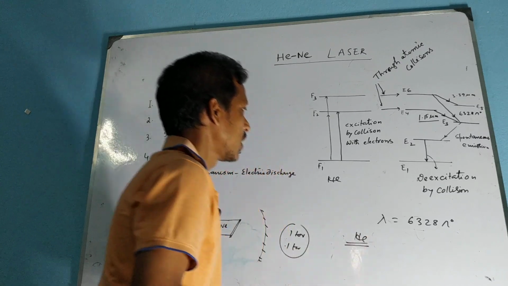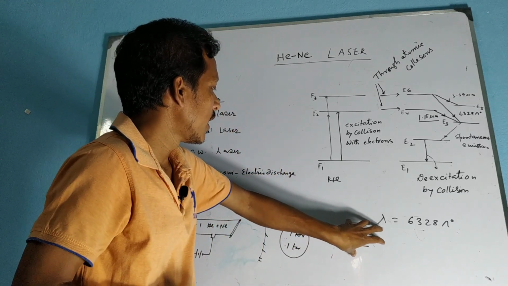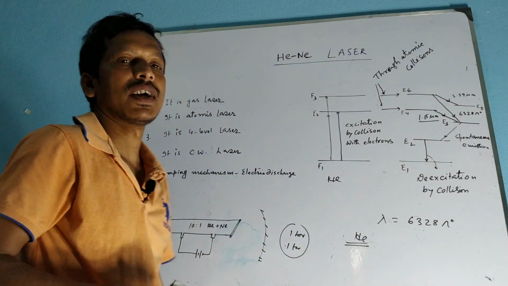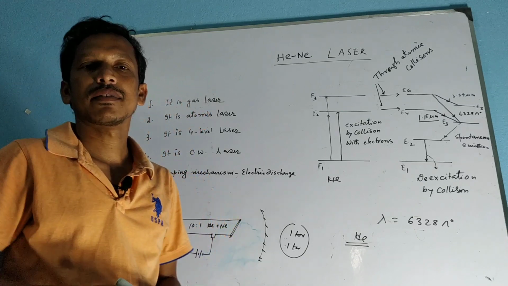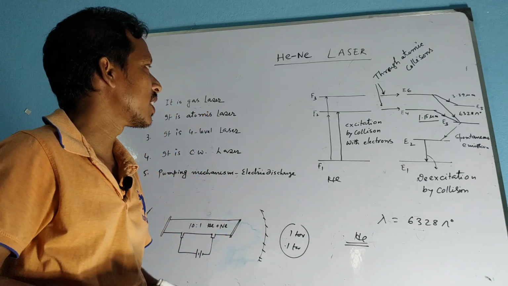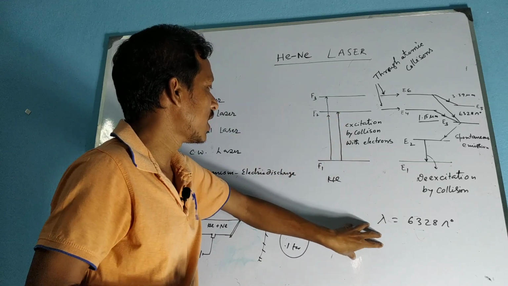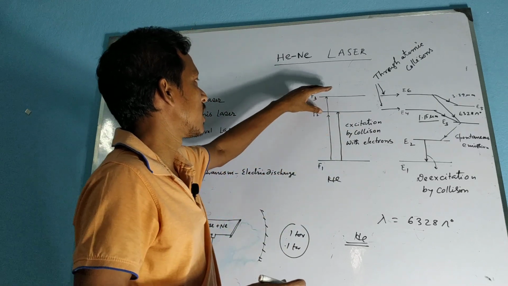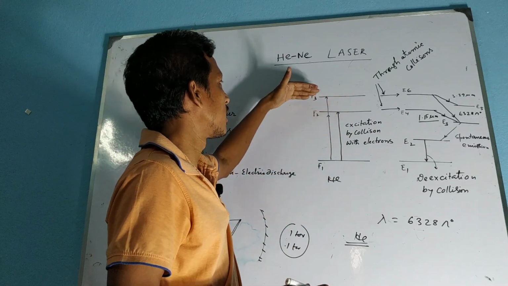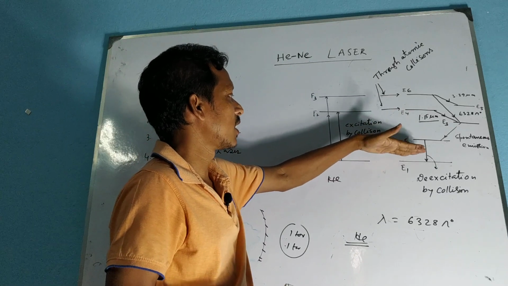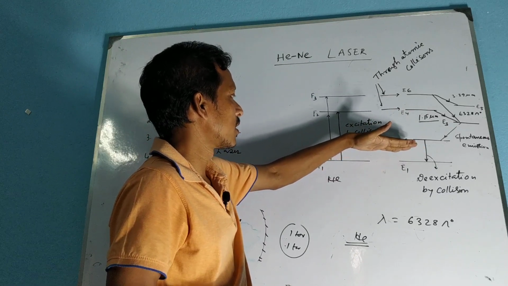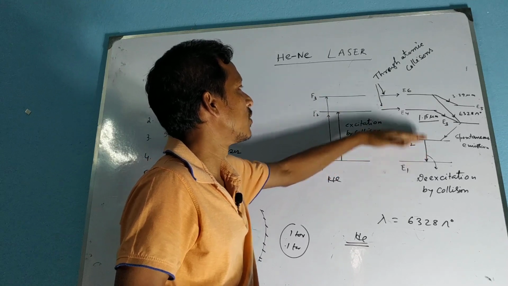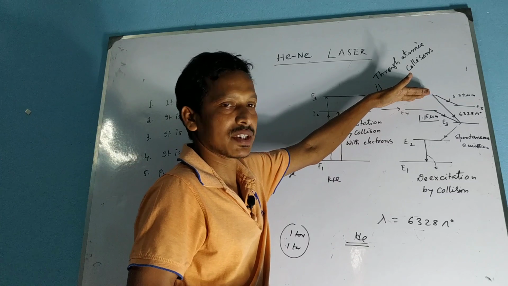The helium atom is used both for the excitation and de-excitation of the neon atoms. Since helium is lighter, it is easily excited to its metastable state, and it collides with the neon atoms, and due to the collision of the helium atom and the neon atom in the ground state, the neon atom goes to its metastable state.